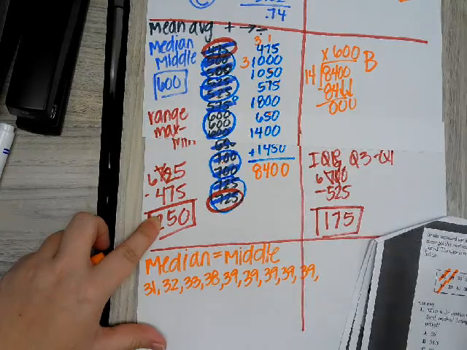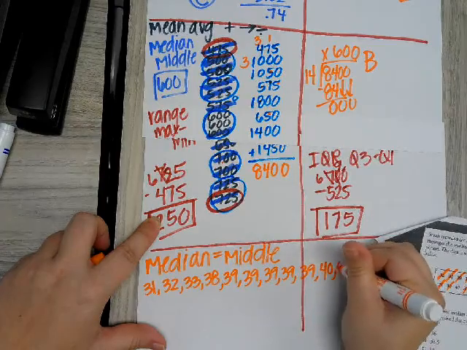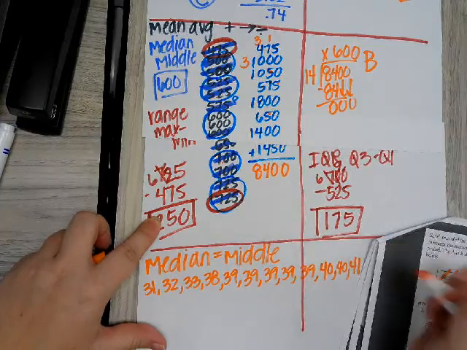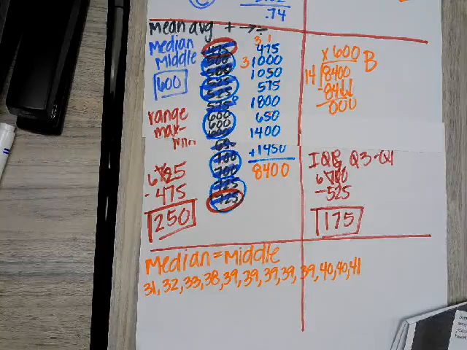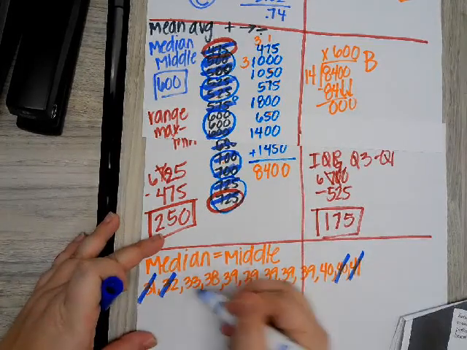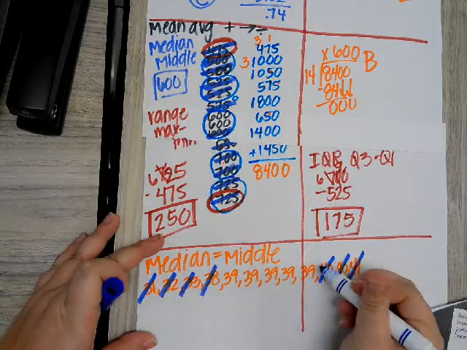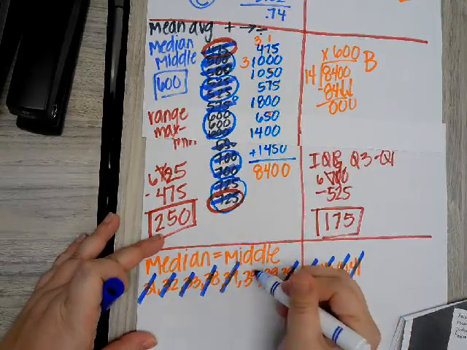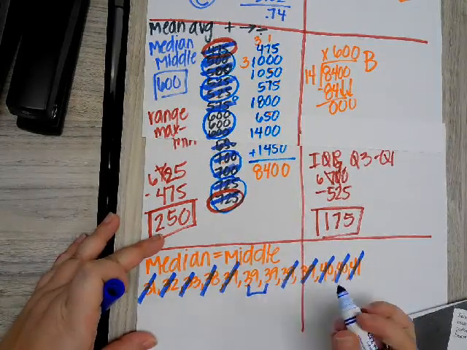Two 40s and a 41. I'm going to find my middle. I have two 39s in the middle. I can add them up and divide by 2, and it would be 39.